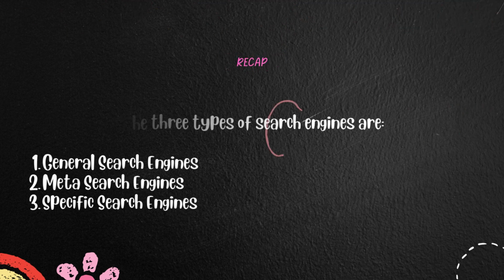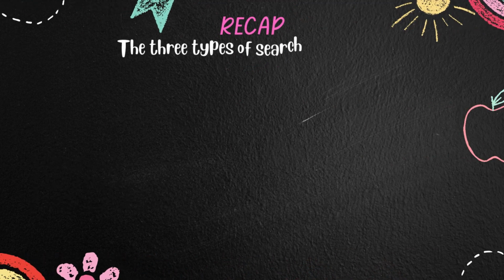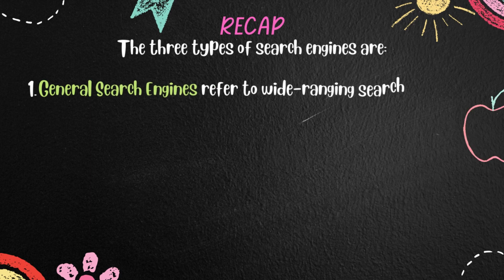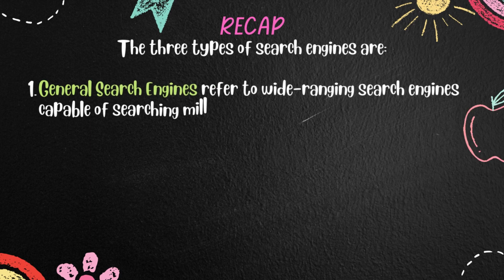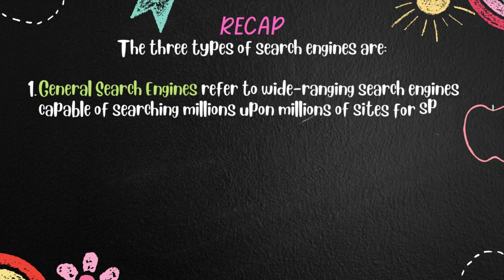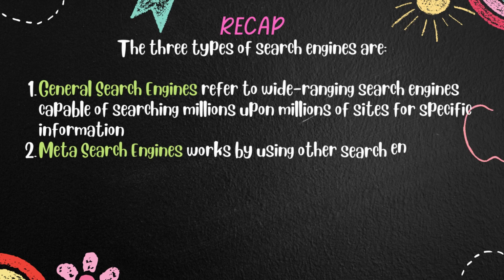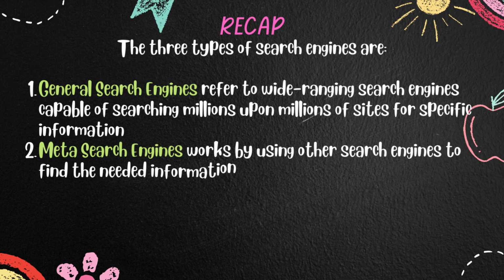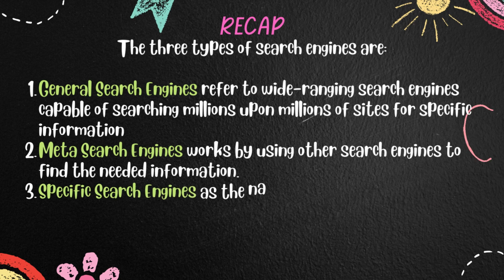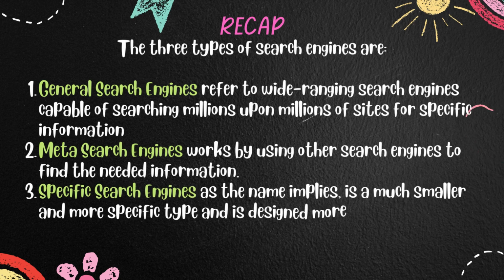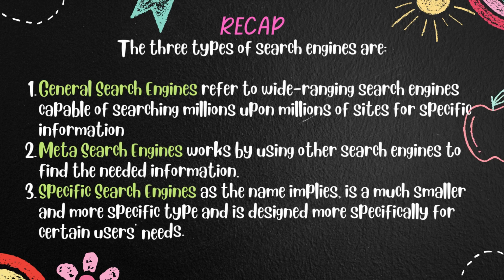General search engines refer to wide-ranging search engines capable of searching millions upon millions of sites for specific information, while meta search engines work by using other search engines to find the needed information. And lastly, specific search engines, as the name implies, are a much smaller and more specific type, designed more specifically for certain users only.